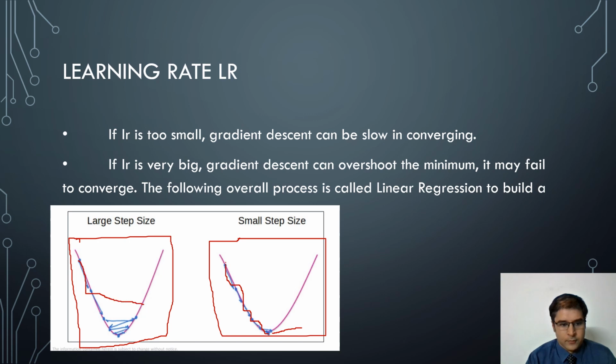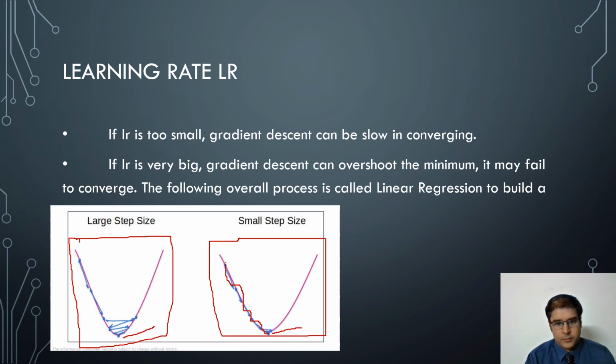So suppose it is coming from here to here, from here to here, then it might next come from here to here again and move from here to here. So basically it will skip the minima as shown here.